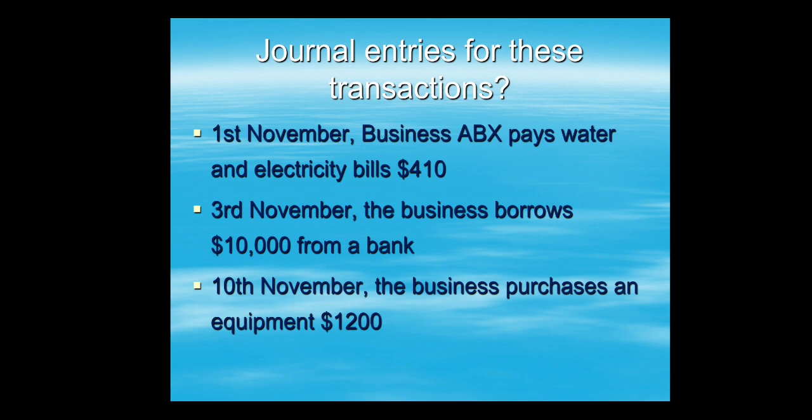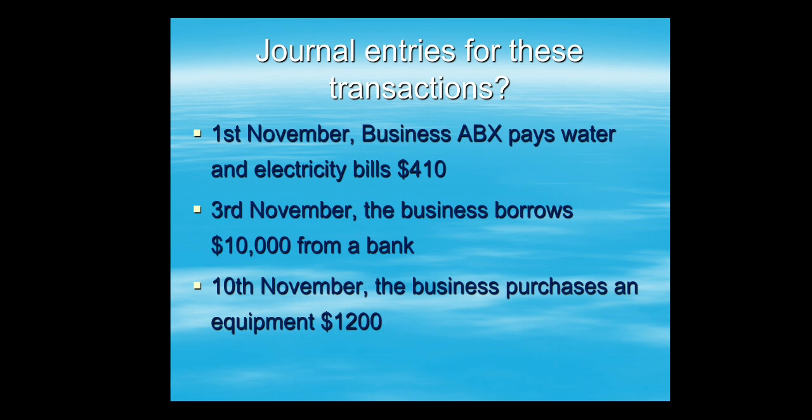First, remember, what is the first thing to do when you have to do the general journal entry? You have to do the first step in the accounting cycle. You have to analyze the transaction. So the type of this transaction is a business pays utilities.